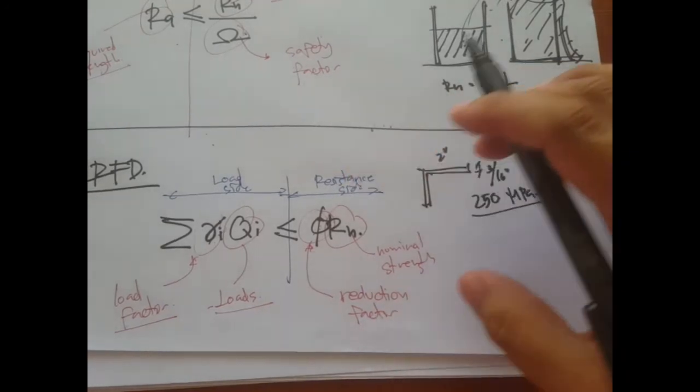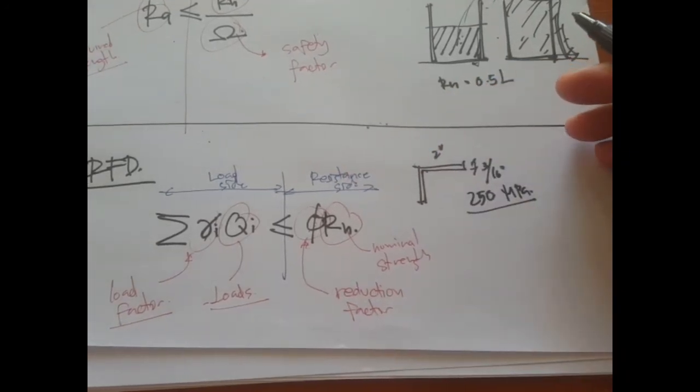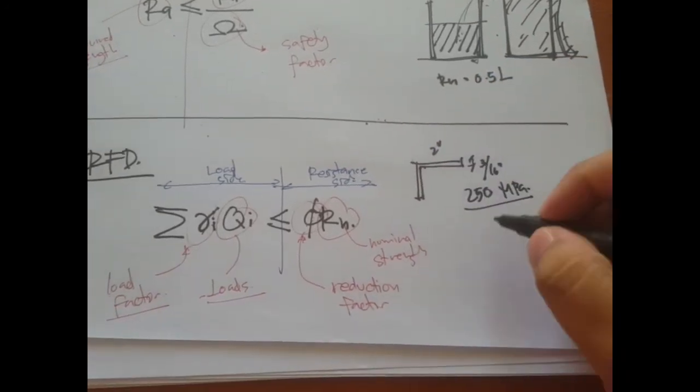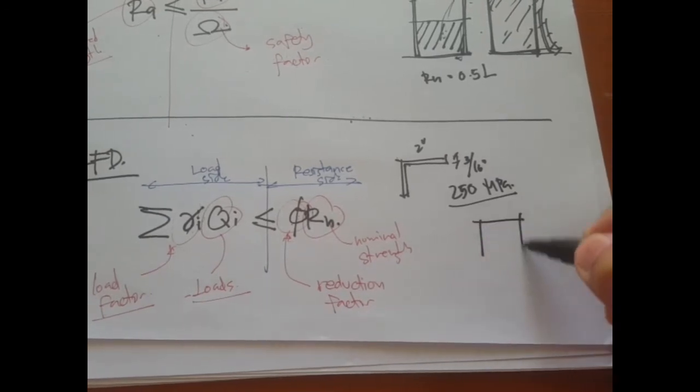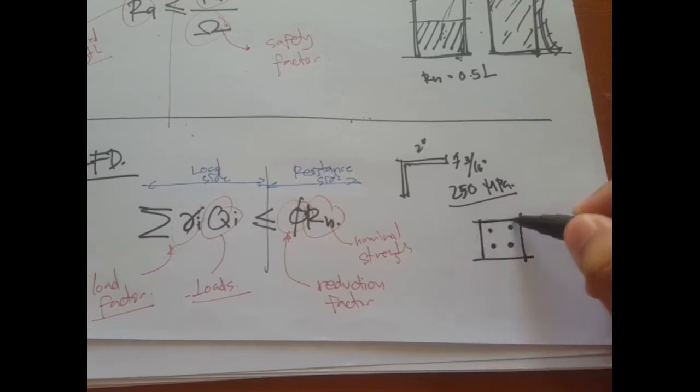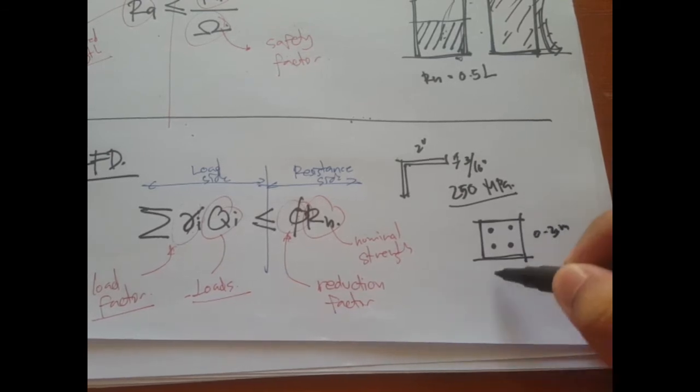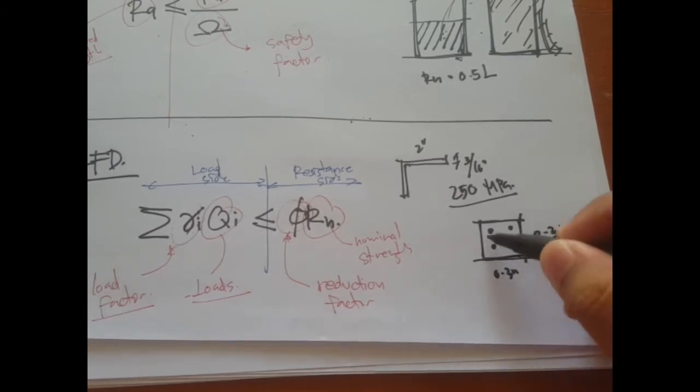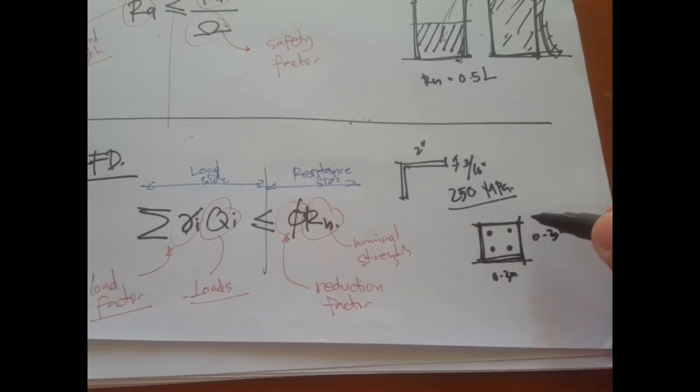Okay, so there are uncertainties, and also, let's say if you construct a column, so let's say this is a cross section of a reinforced concrete column, then if you specify 0.3 meter by 0.3 meter width, in reality, when you construct that, it could be less than, let's say, 0.28. So that depends upon the accuracy of the construction.